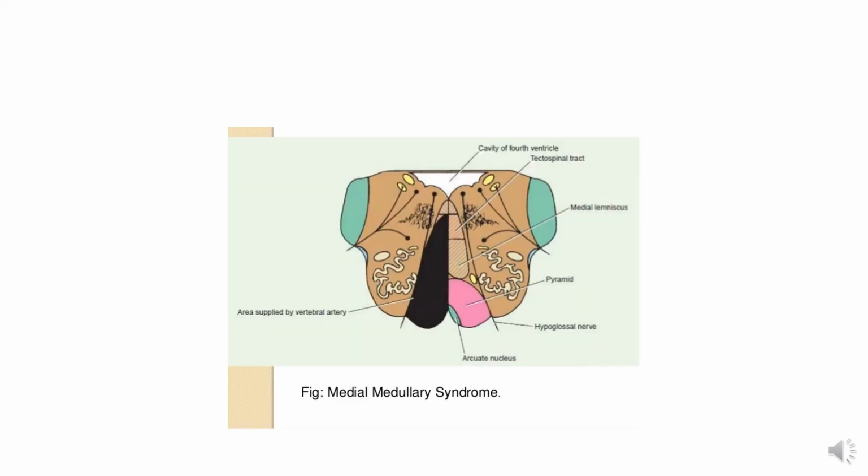So this is the medial medullary syndrome, which results due to blockage of the anterior spinal artery. In this you can see the pyramids are affected, the medial lemniscus, and the tectospinal tract.